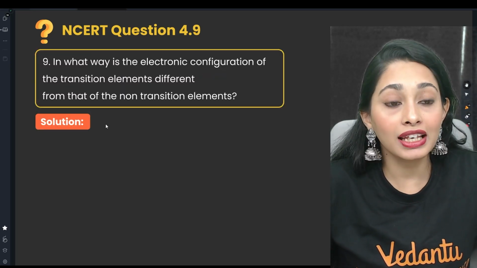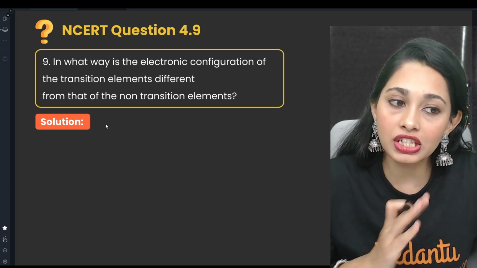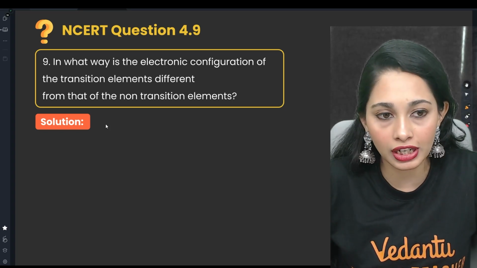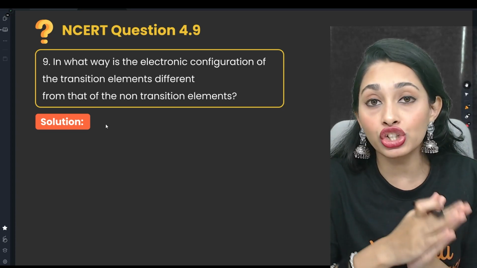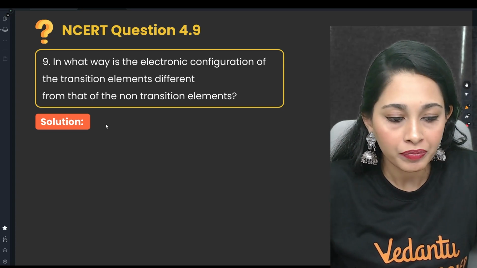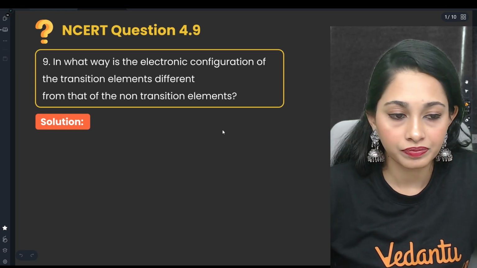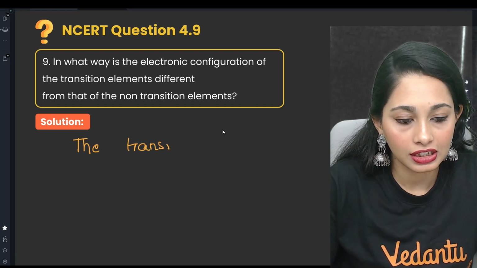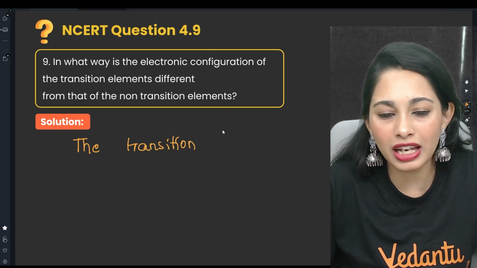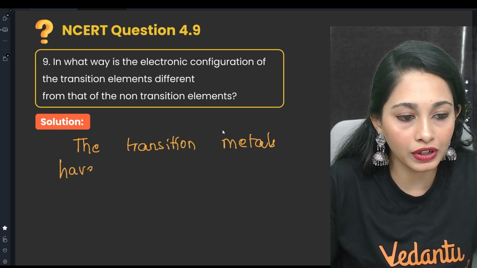The question is, in what way is the electronic configuration of the transition elements different from that of the non-transition elements? We know that the transition elements have a partially filled d orbital.